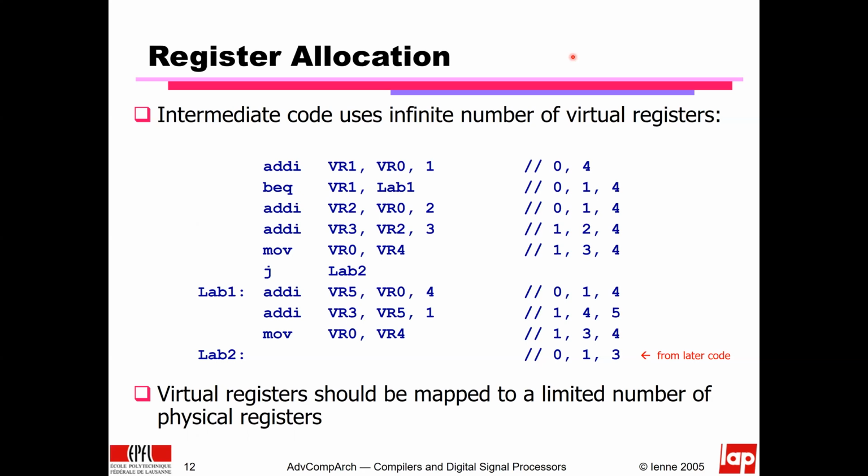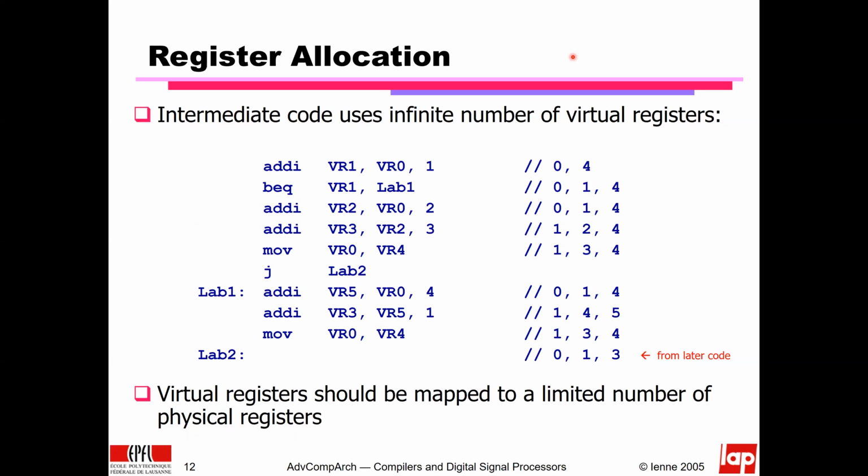Typically, virtual registers are single-use registers, so every time I have a new value, it gets a new virtual register, irrespective of the limited number of registers in my architecture. We don't take that into account at all. I have an infinite number of virtual registers that maybe never get reused, maybe sometimes get reused, but basically don't have the constraint of the physical registers.